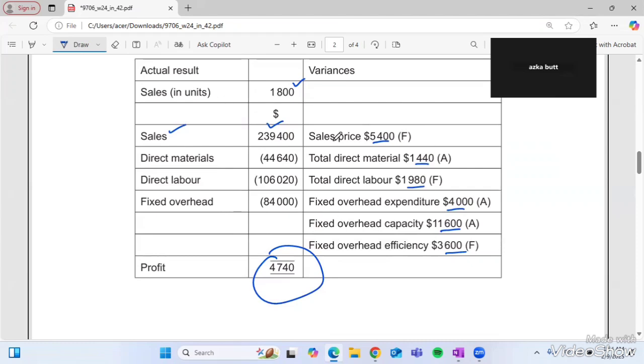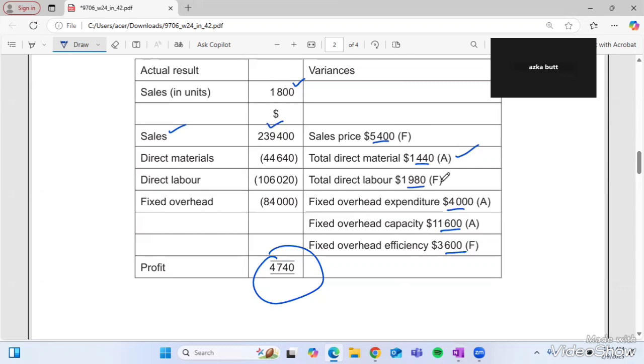So as you can see that sales price is $5,400, and this is basically favorable variance. What does it mean? That the T limited sold at a higher price. And the total direct materials, which is 1414, this is adverse variance, sorry. It means that T limited spent more than expected.